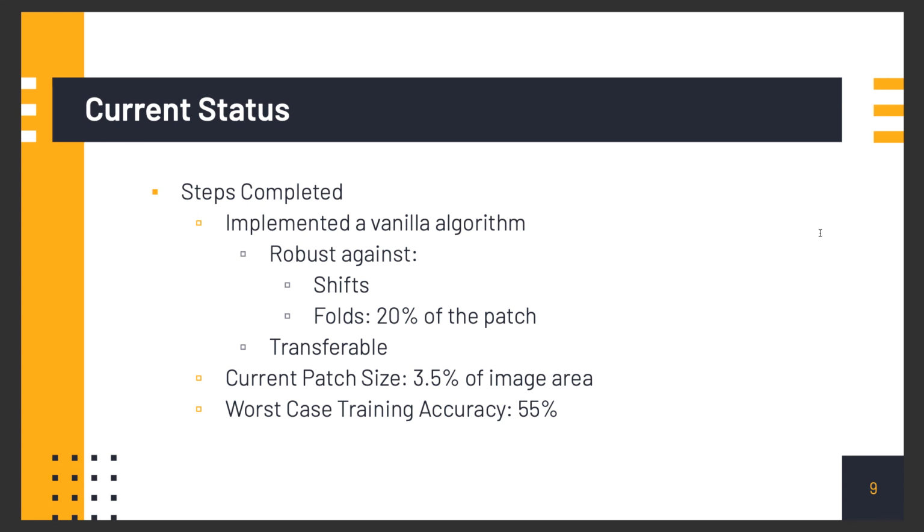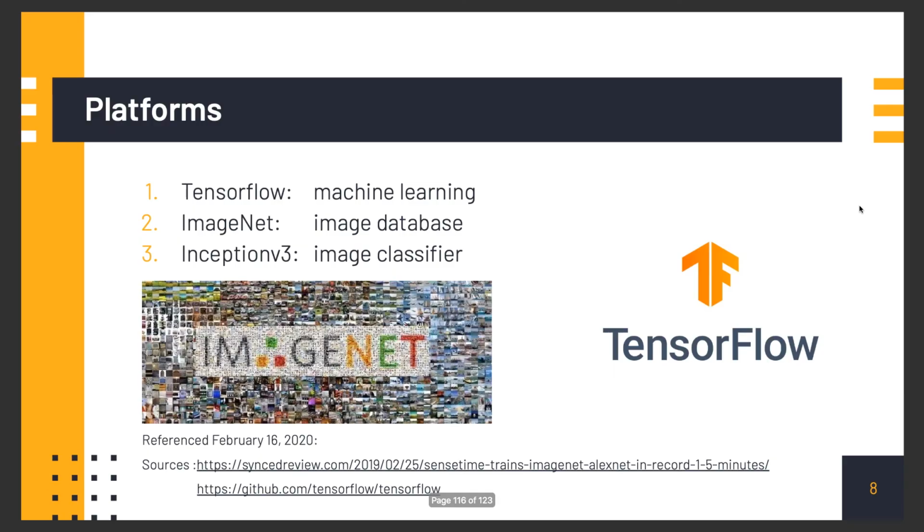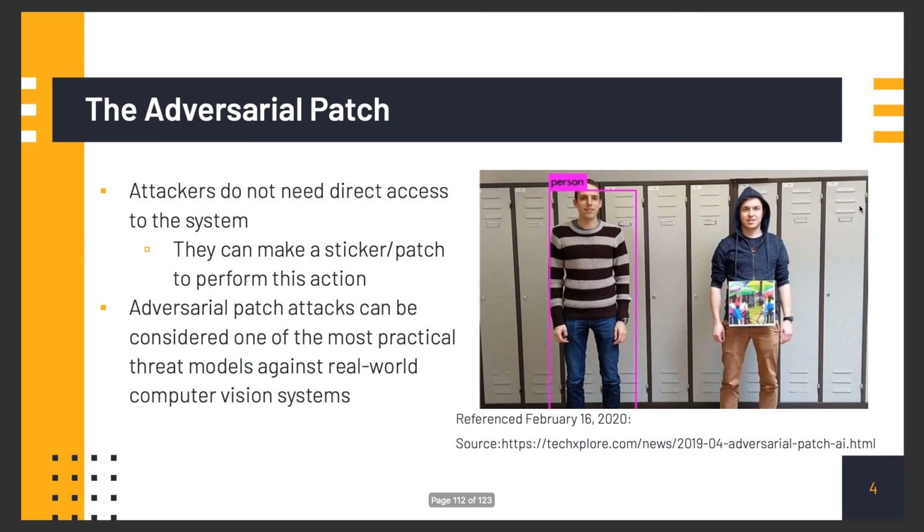But if you want to be robust to scaling, your patch size increases dramatically. This is why in the example we have shown, these guys have this patch so large: they are testing against a camera, and this means the patch should be robust to scaling when you move toward and away from the camera.